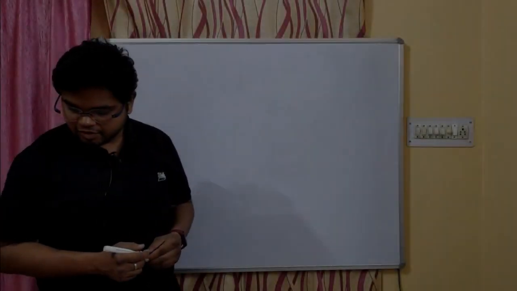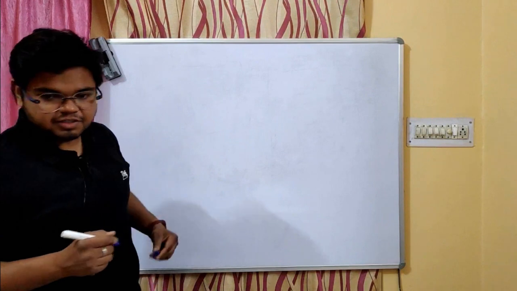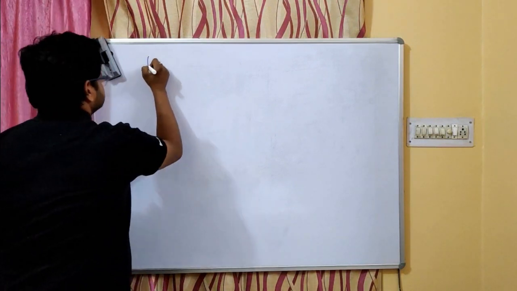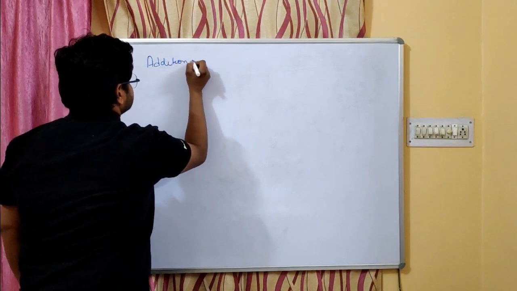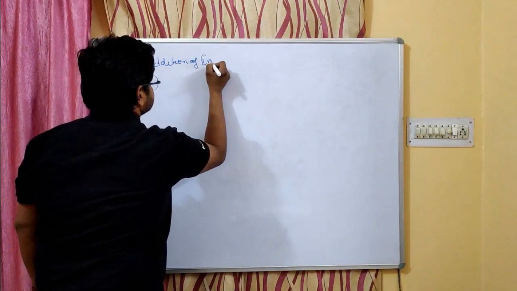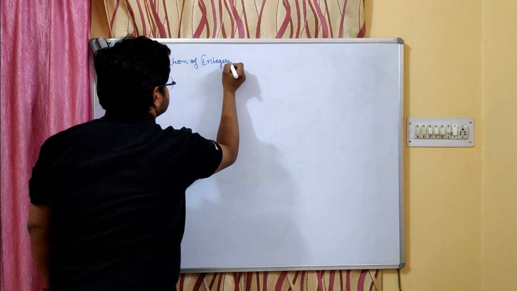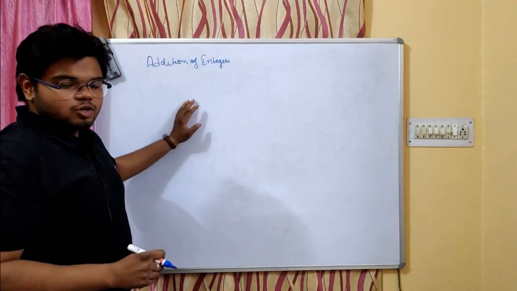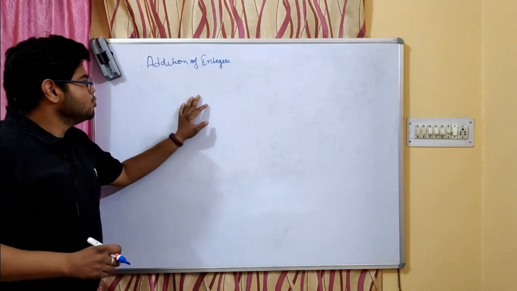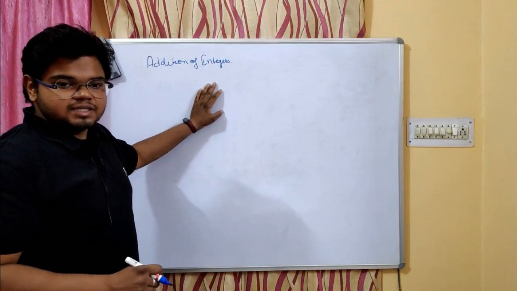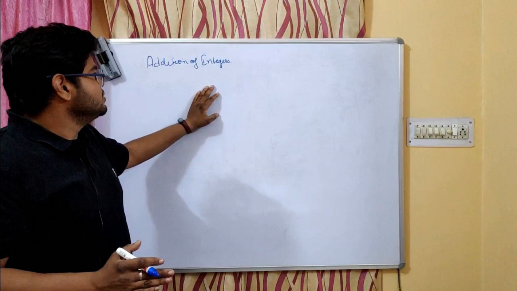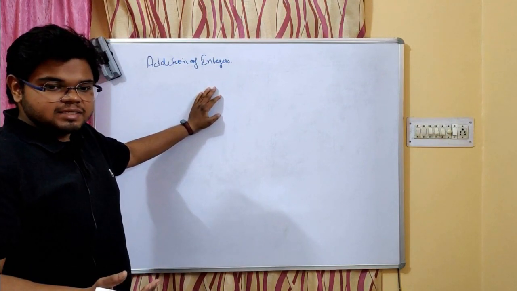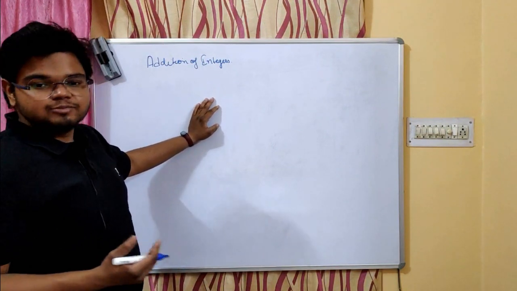Next topic that we'll be doing is addition of integers. Children, in this topic, we will be adding two integers, and we will not be using the number line. We will be simply adding the numbers by using their absolute values.